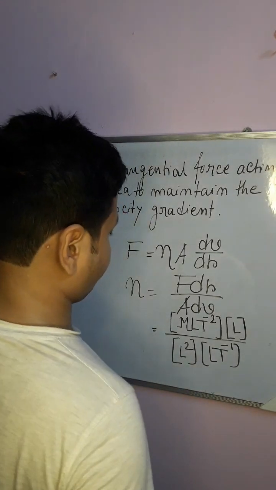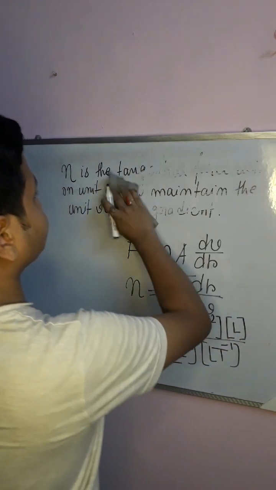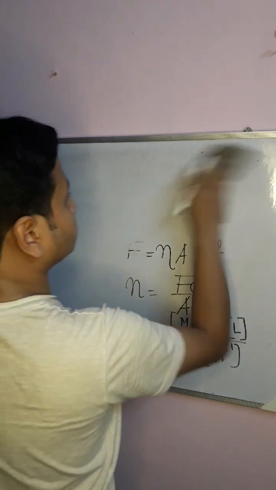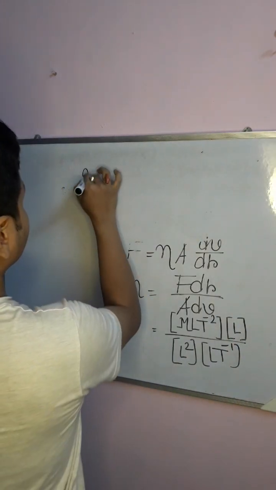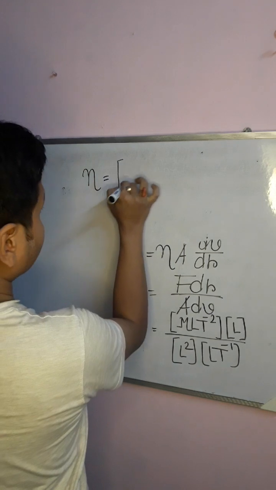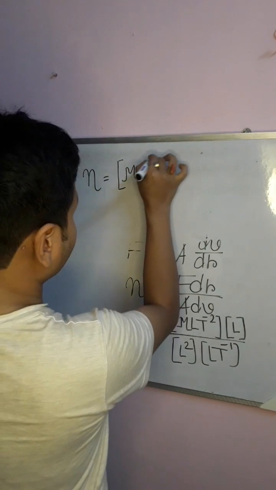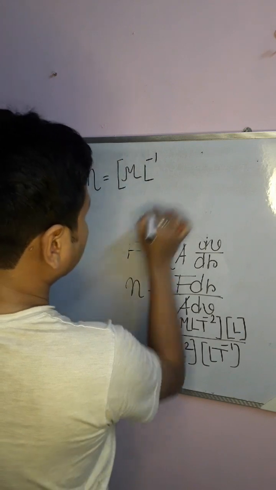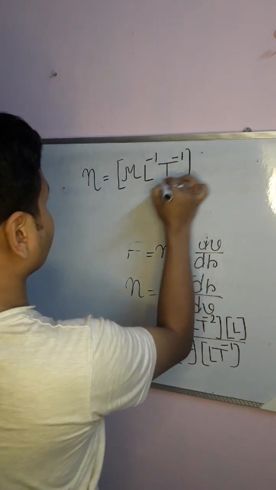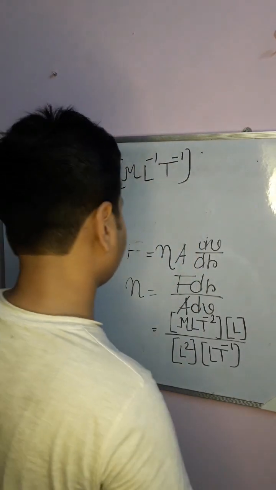If you calculate it, the dimension of eta becomes ML to the power minus 1 T to the power minus 1.